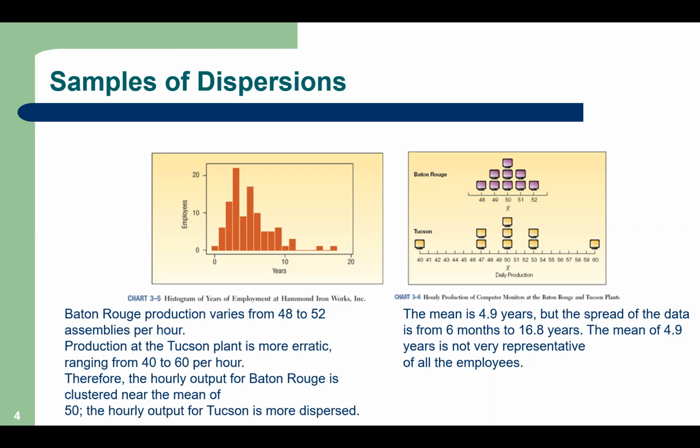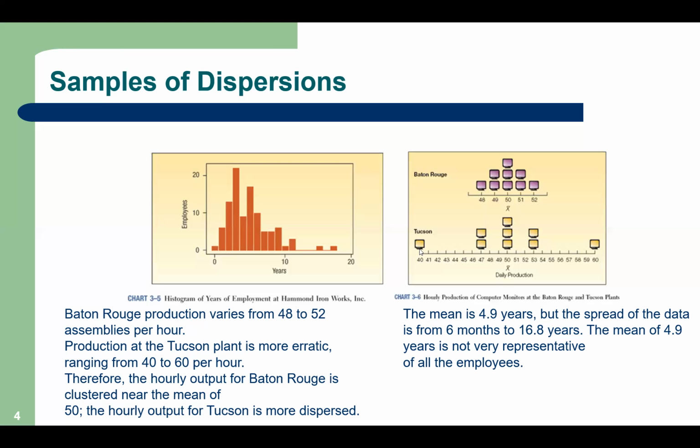The hourly production ranges from 48 computers per hour to 52 assemblies per hour. Sometimes they assemble 48 computers, sometimes 49, sometimes 50, sometimes 51, and sometimes 52. Around these ranges, they are assembling every hour. Now look at the hourly assembly at Tucson.